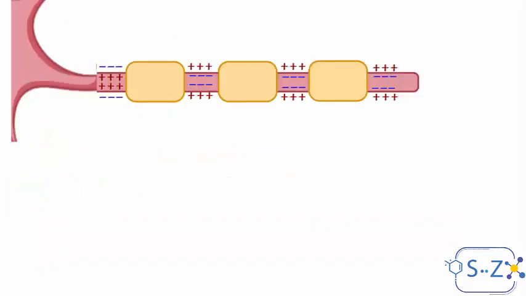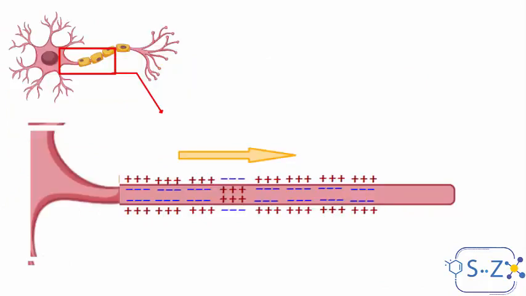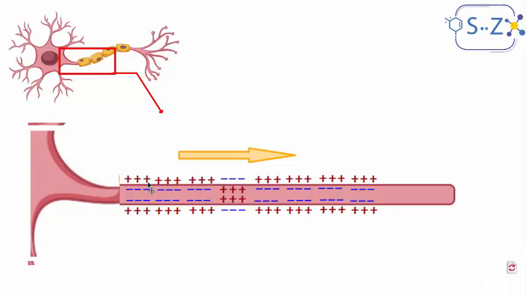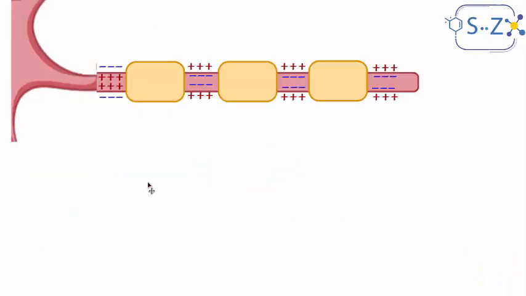Now what we are talking about here is the non-myelinated axon or neuron. Some of the nerve fibers in our body are not myelinated. They don't have a myelin sheath, such as the ones in the central nervous system inside the brain, but most of the nerves are myelinated.